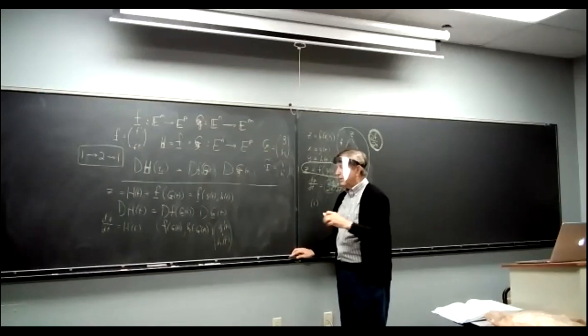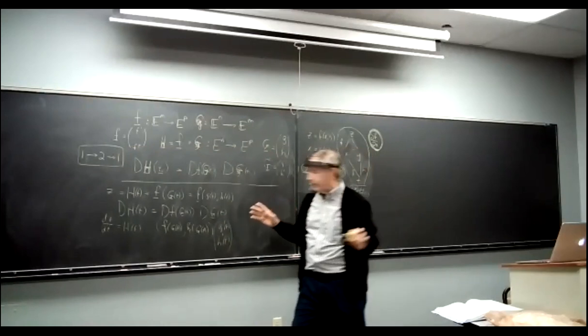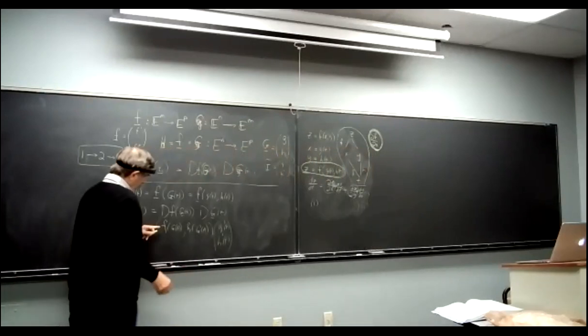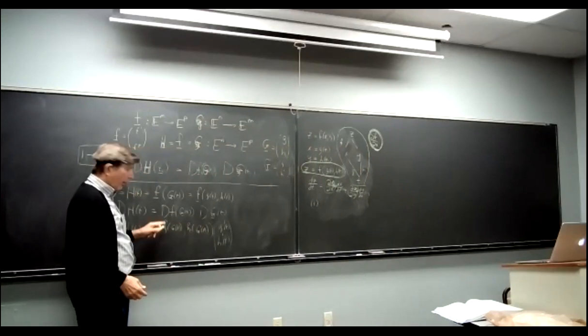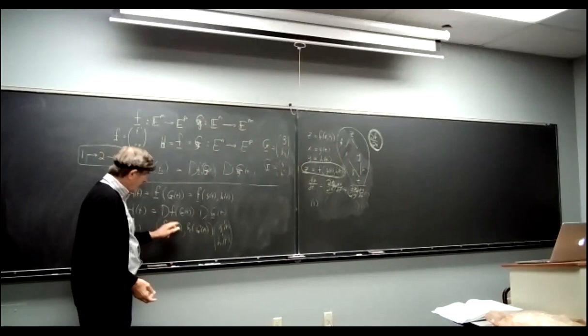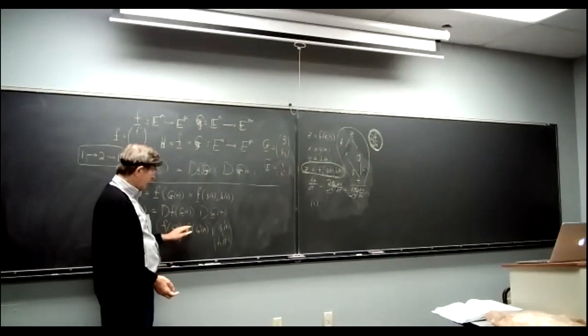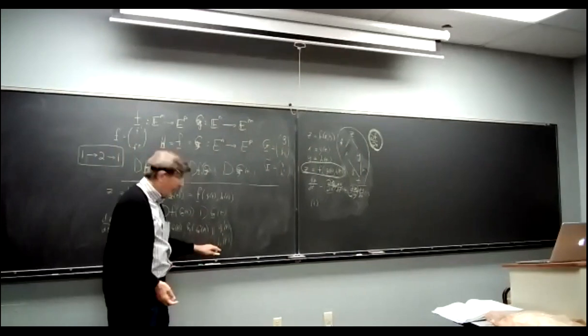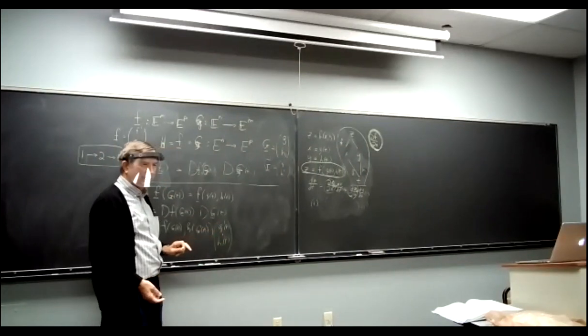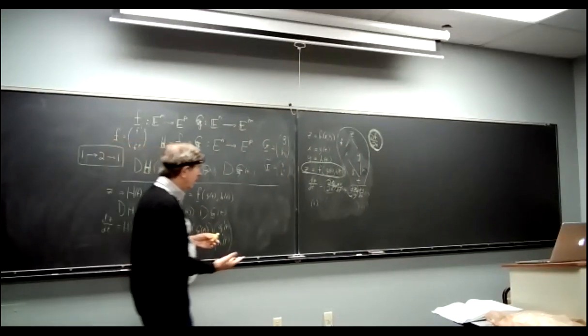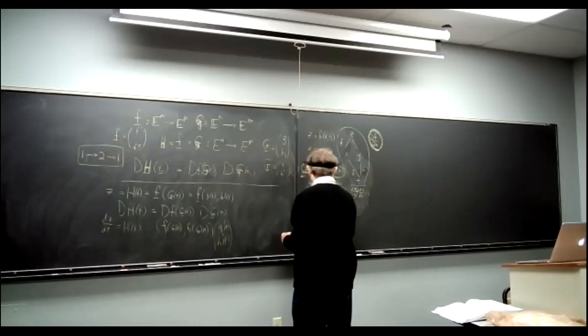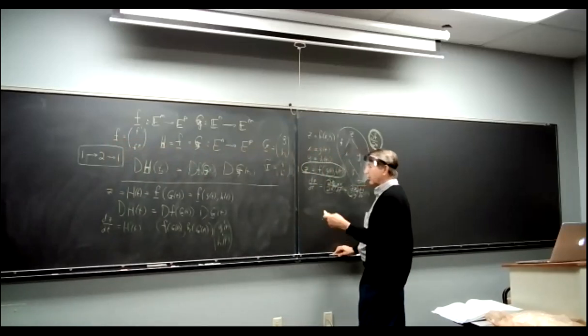So what you get this way with compositions is a row, a partial derivative of the function f with respect to the first variable, evaluated at g of t, partial with respect to the second variable, times the column g prime h prime. And when you put that together, what do you get?